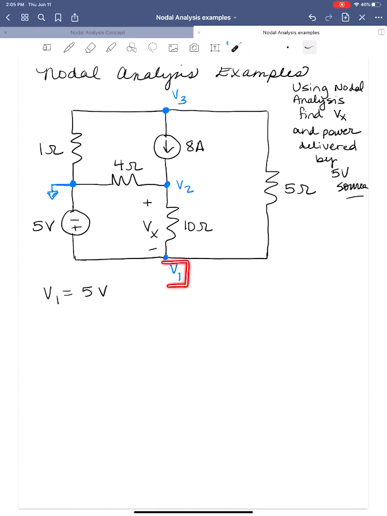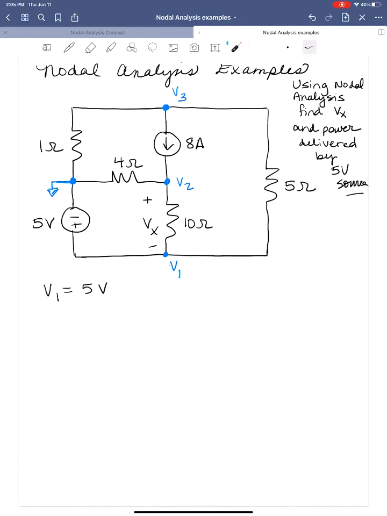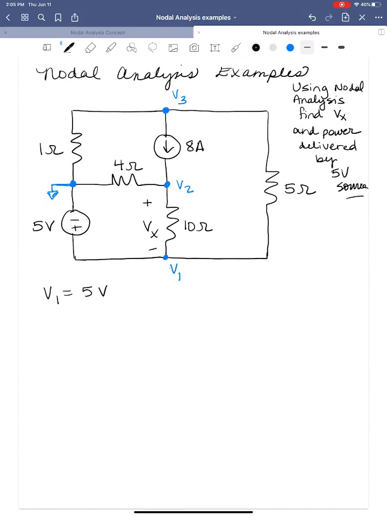Once we know what the node voltage is, we don't have to worry about writing an equation for that node voltage in order to solve for the other node voltage variables in the circuit. We may need to write that node voltage equation later, but it'll be for something very specific. In order to find V2 and V3, we don't need that node 1 equation because we know what it is. It's 5.